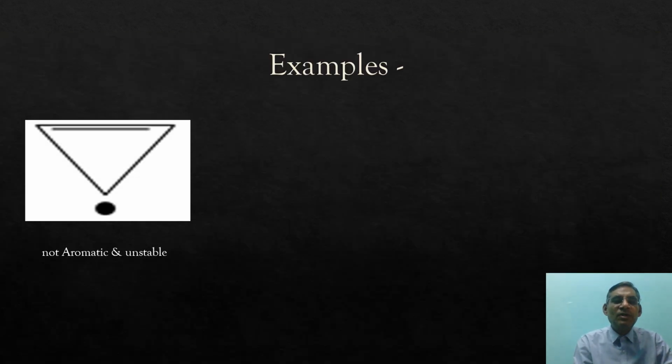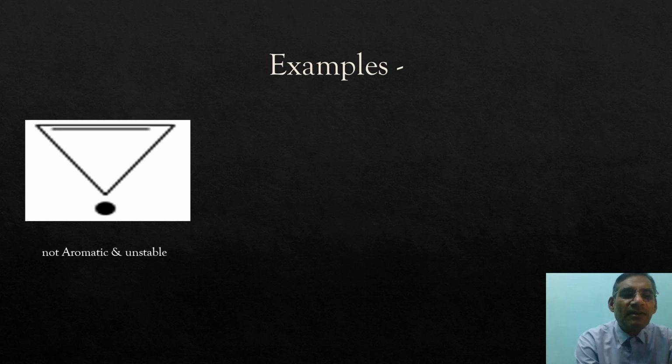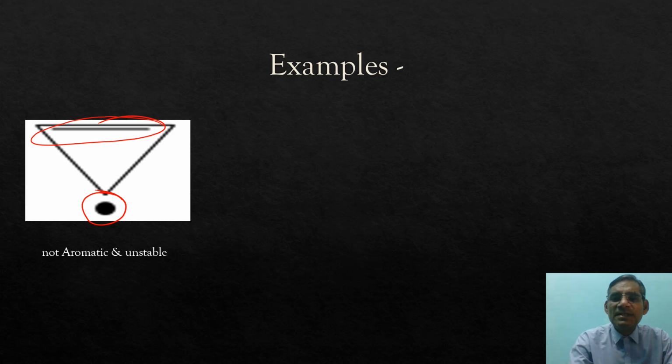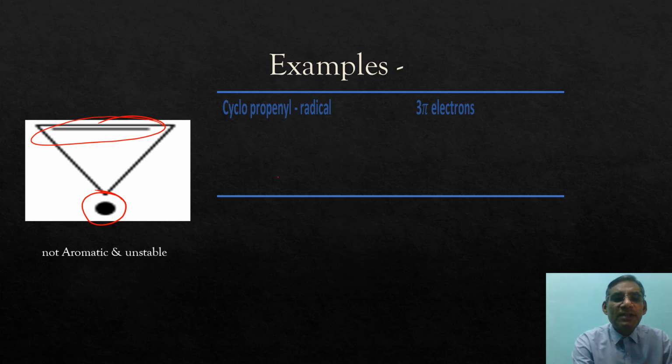Now see, next example. Here a pi bond is there and a free electron is there. So conjugation is there, alternation is there. Now see, what is the name of this radical?